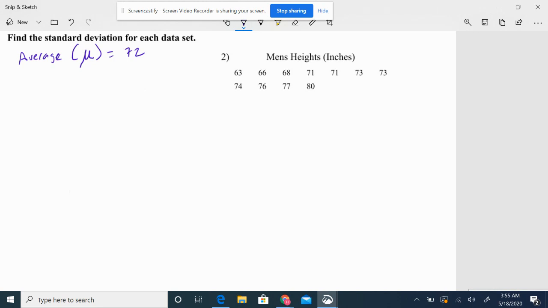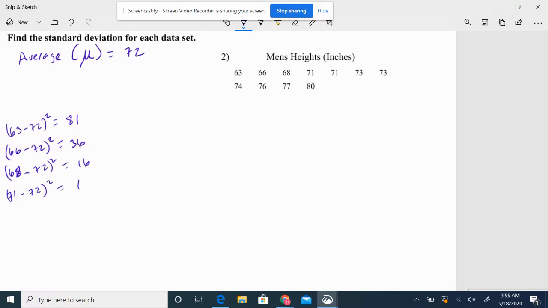So I'm just going to do 63 minus 72 squared, that gives me 81. 66 minus 72 squared gives me 36. 68 minus 72 squared gives me 16. Now 71 minus 72 squared gives me 1.